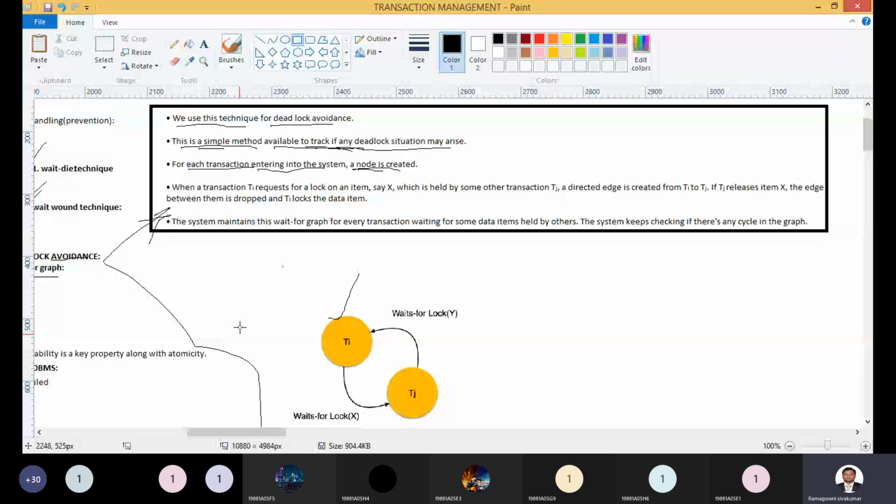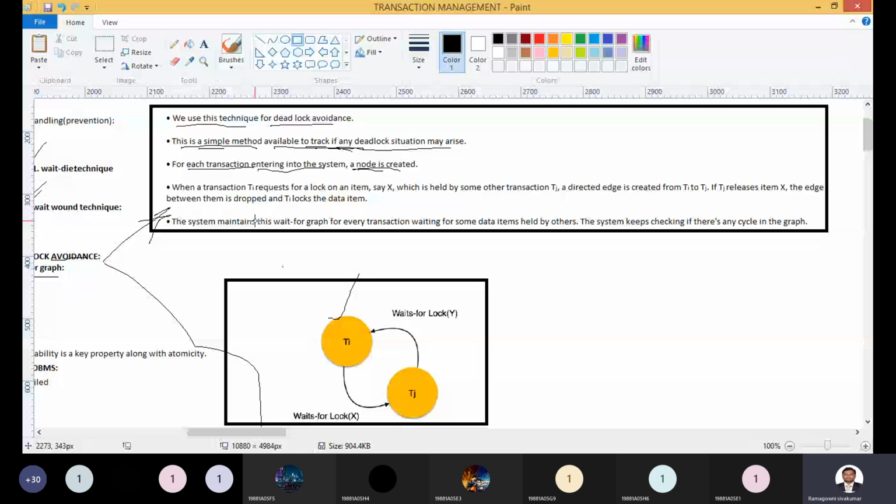When a transaction Ti requests a lock on item, say X, which is held by some other transaction Tj, a directed edge is created from Ti to Tj.